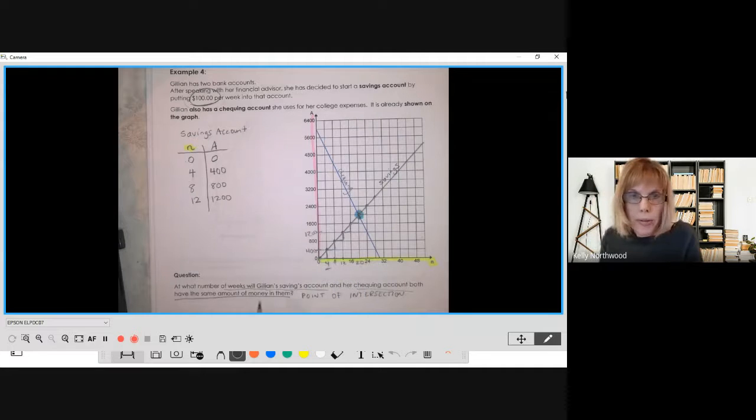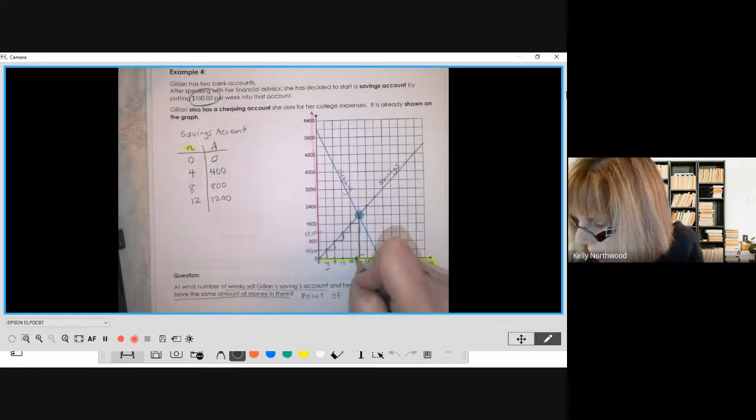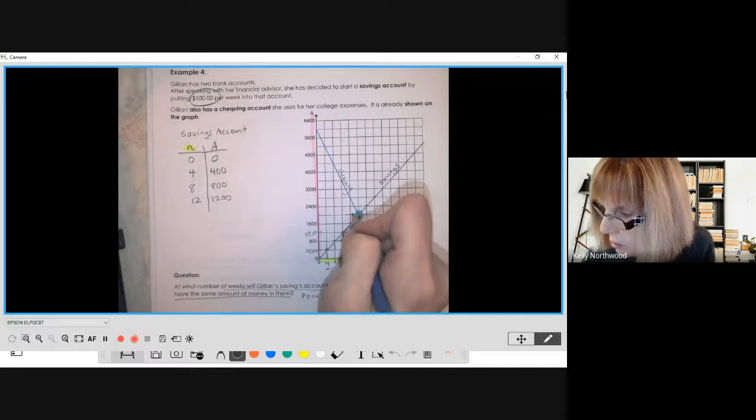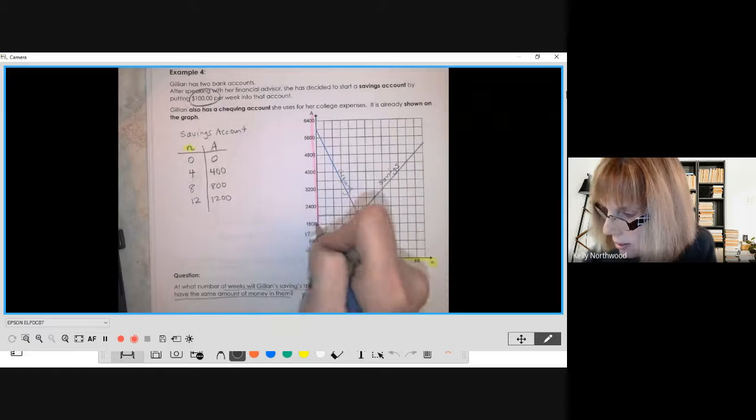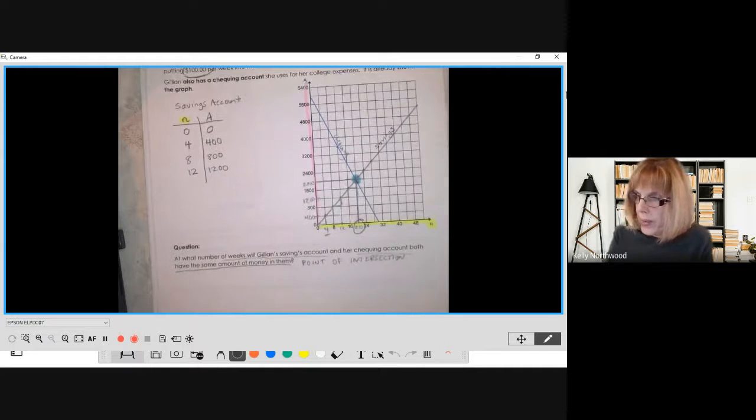So at what number of weeks will Jillian's savings account and her checking account both have the same amount of money in them? So we can read down. So at 20 weeks, both accounts have $2,000 in them. Okay. So they just want to know the number of weeks. So that's all we have to say.